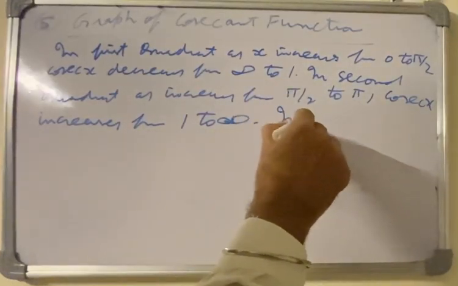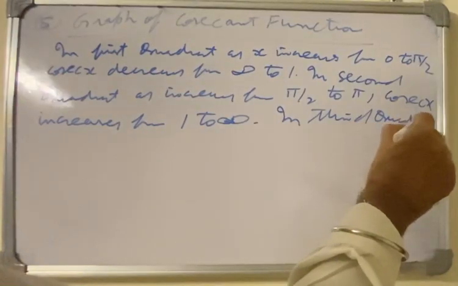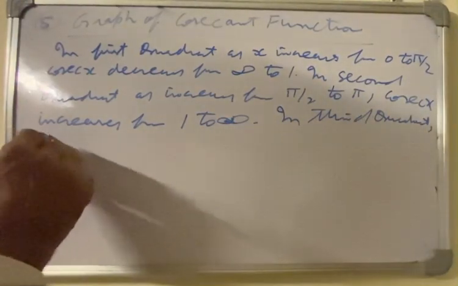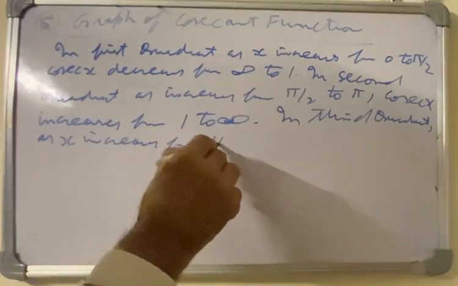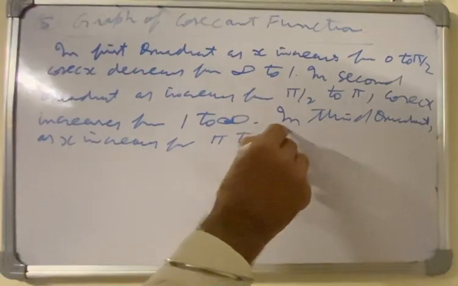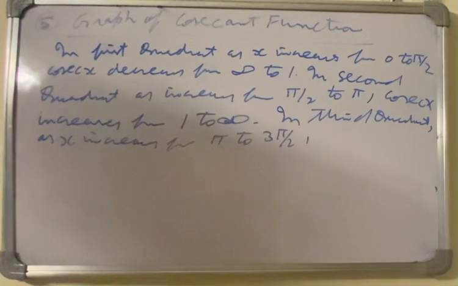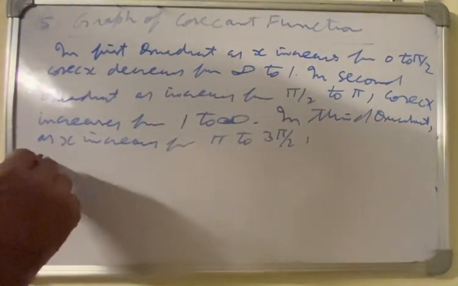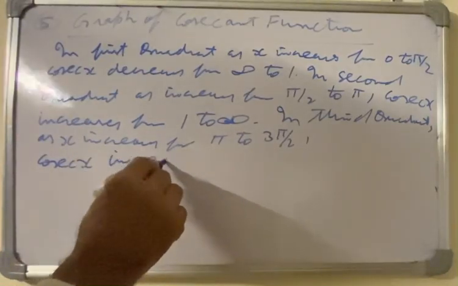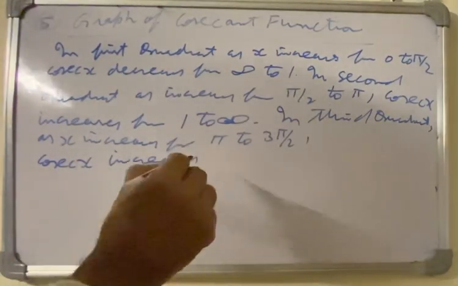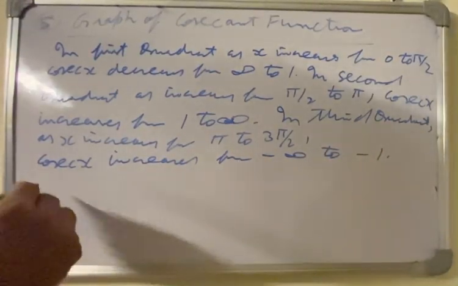In third quadrant, as x increases from pi to 3 pi by 2, then cosecant x increases from minus infinity to minus 1.